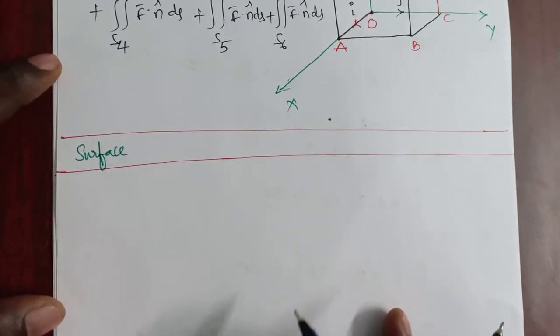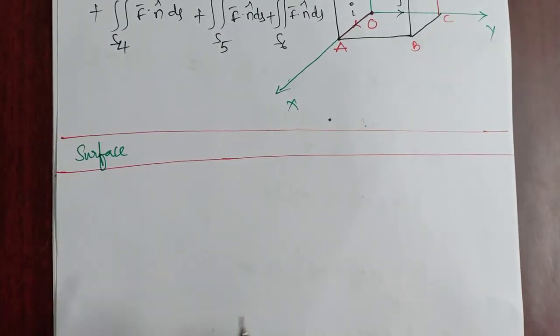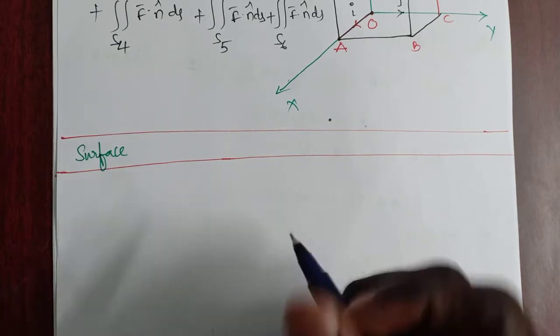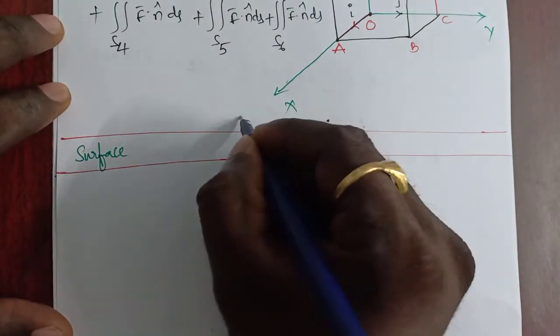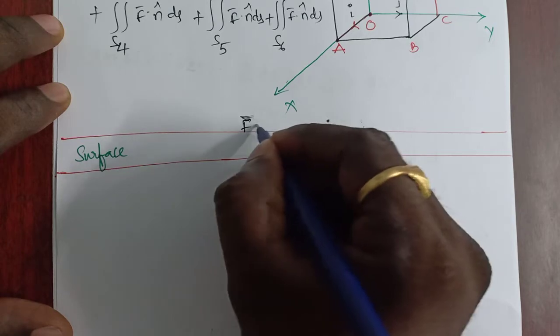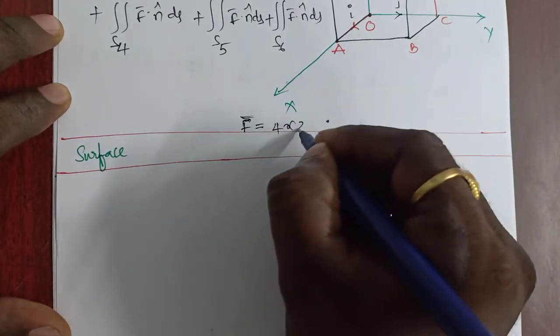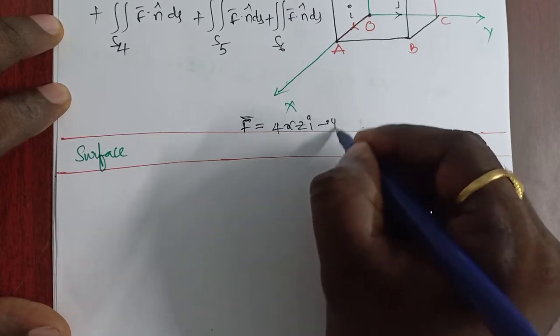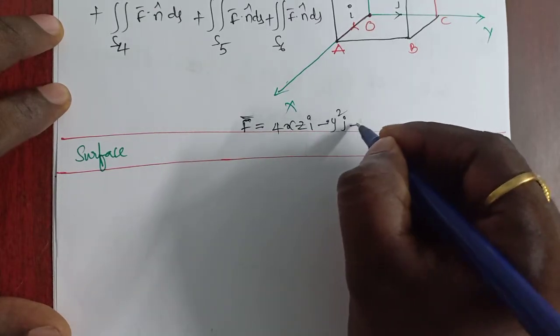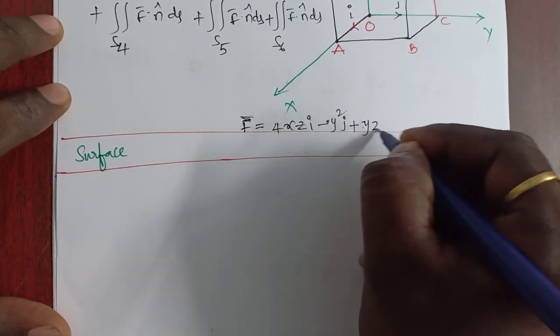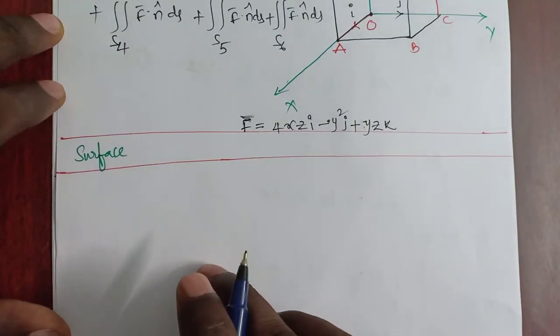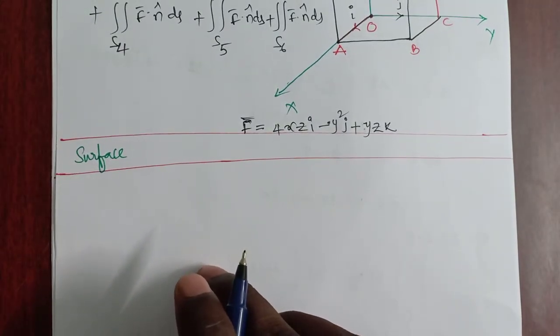We have 6 surfaces, and the main thing here is, what is our f bar? Clearly, f bar is 4xz i minus y square j plus yz k.